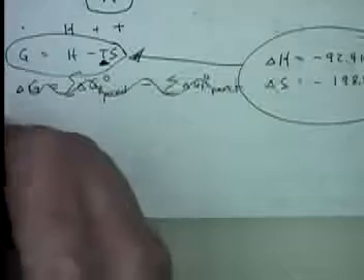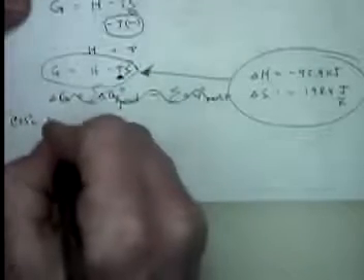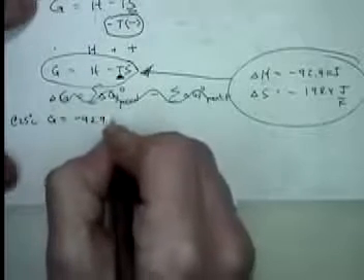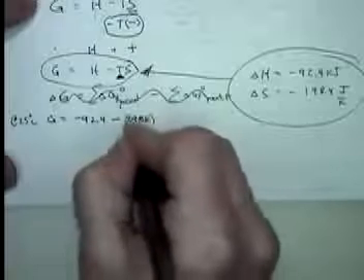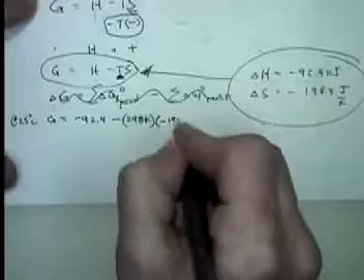If we put these two values in here, we can find that at 25 degrees C, let me zoom out just a little bit here so you get a little bit better view of it. G is going to equal negative 92.4 minus 25 degrees Celsius is 298 Kelvin, times our delta S, which is negative 198.4.